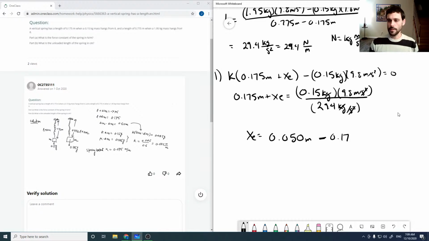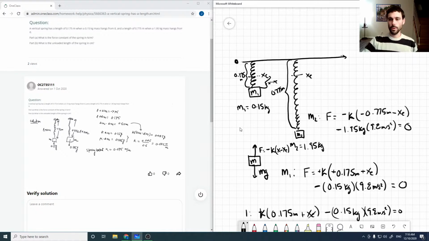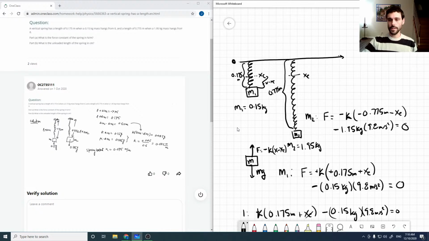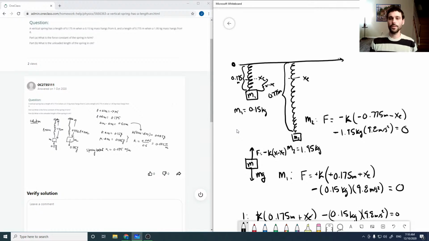Minus 0.175 meters, which is equal to negative 0.125 meters. And the negative's good because, as I said at the beginning, we're just going to leave the sign on XE alone and let the question figure out the sign.